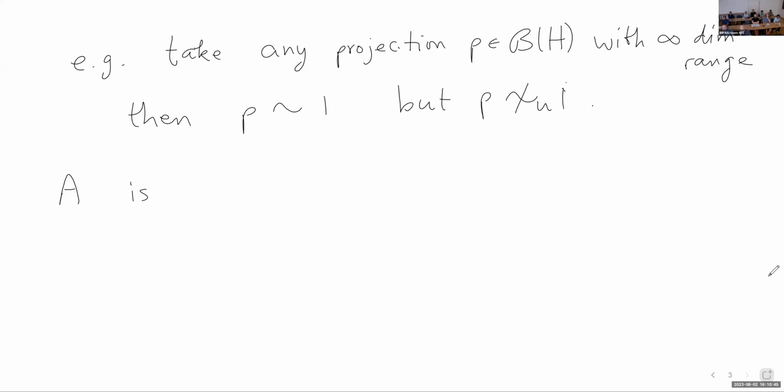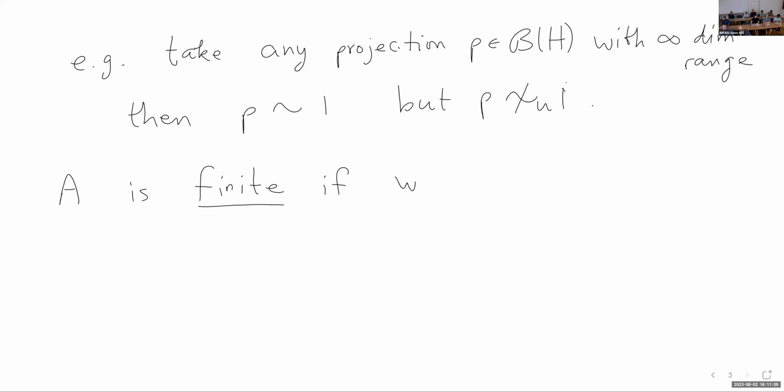So A is finite if no projection can be equivalent to a proper subprojection.